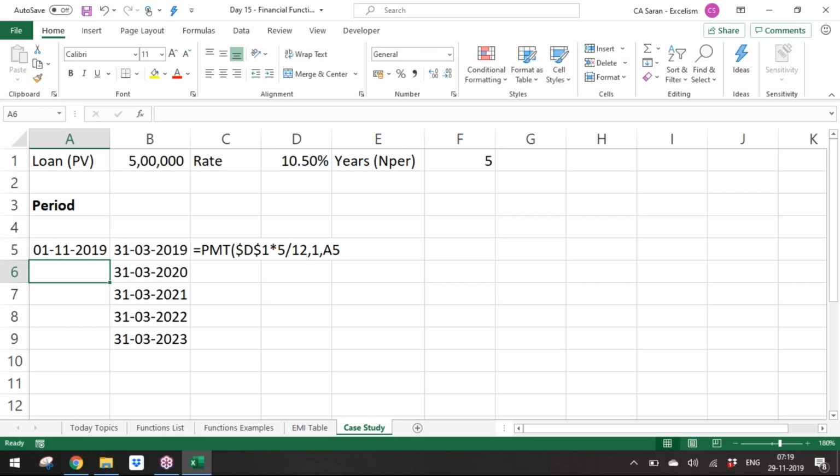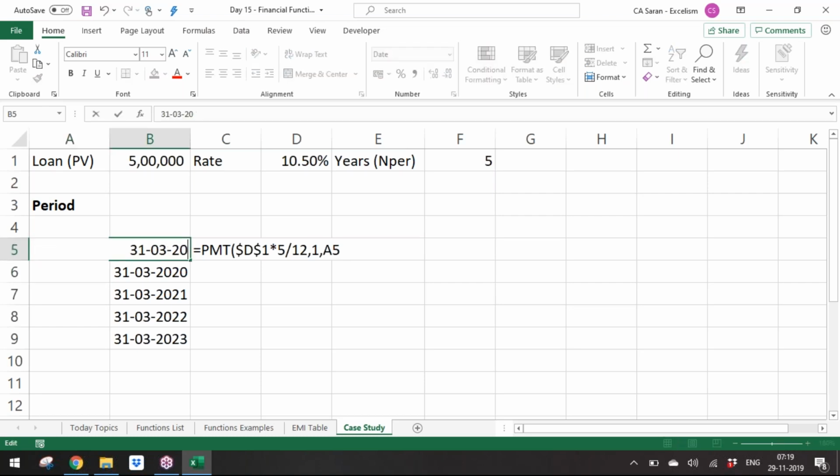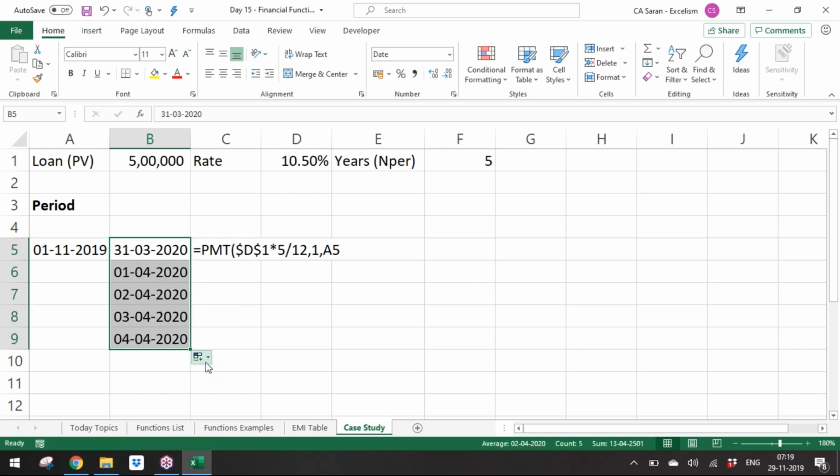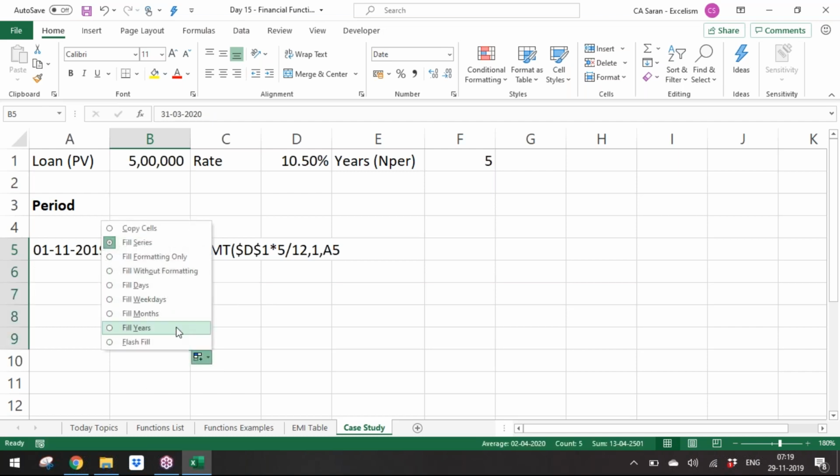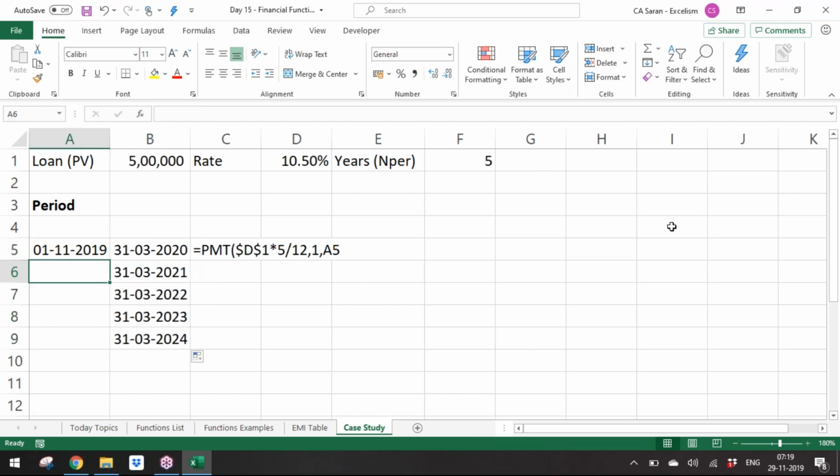I'm sorry, and this is 20. Then when I drag this down, this is year wise. Now this is from 1st April 2020, and let me drag this down. This is the period.